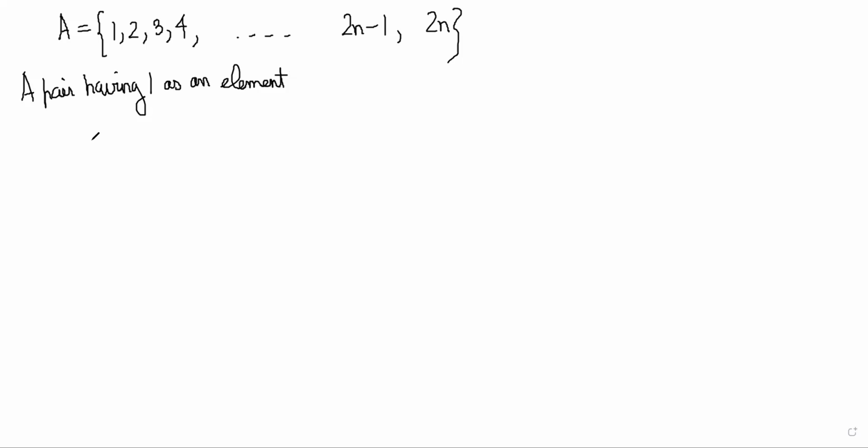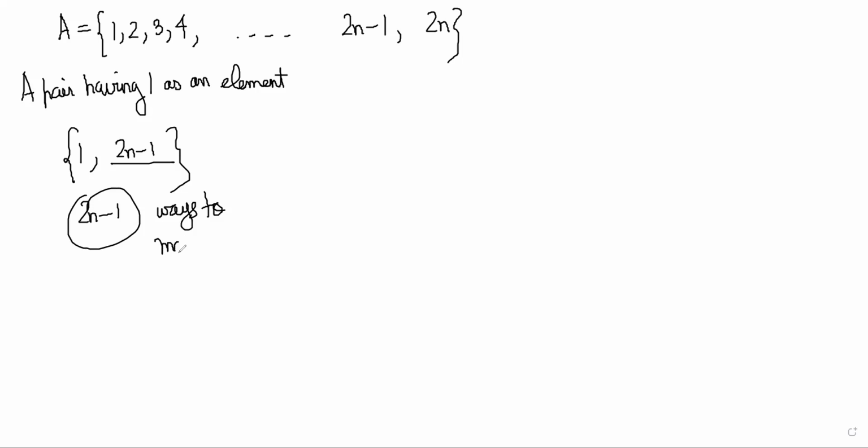So the second element could be, what are the other options? How many options are there? 2n minus 1 options, right? So there are 2n minus 1 ways to make this first pair. You have to make n such pairs, right?